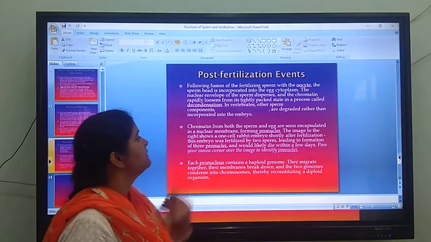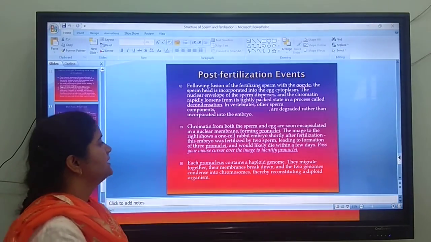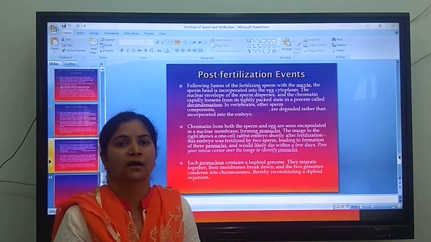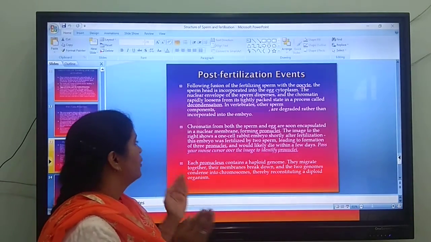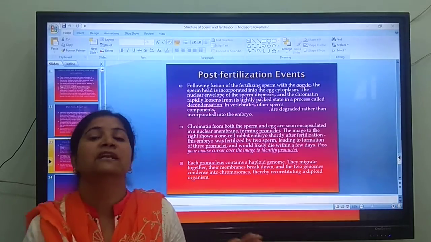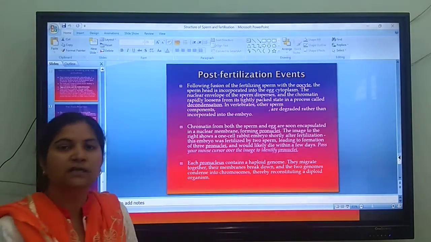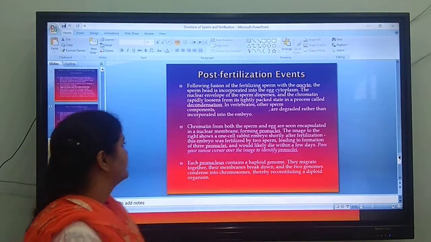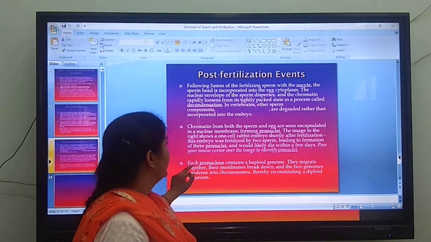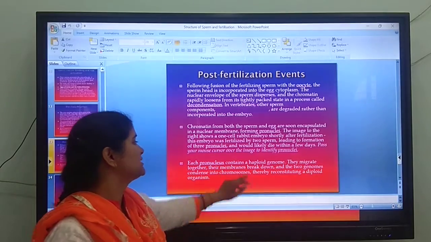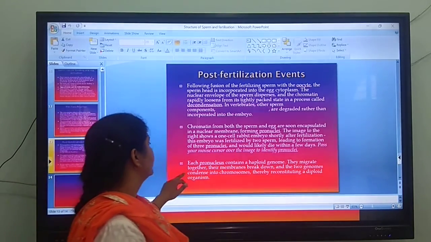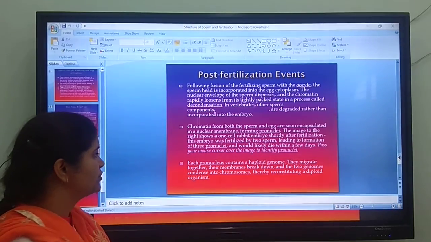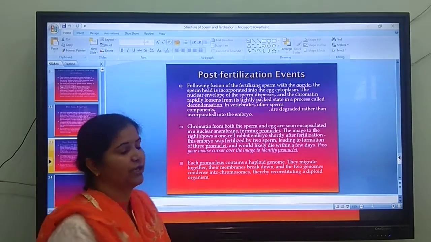Chromatin from both the sperm and the egg is soon encapsulated in a nuclear membrane, forming pronuclei. Both haploid chromatin materials, from the egg as well as from the sperm, are packed into nuclear membranes, and these are known as pronuclei. Each pronucleus contains a haploid genome. They migrate together, their membranes break down, and the two genomes condense into chromosomes, thereby reconstituting a diploid organism.